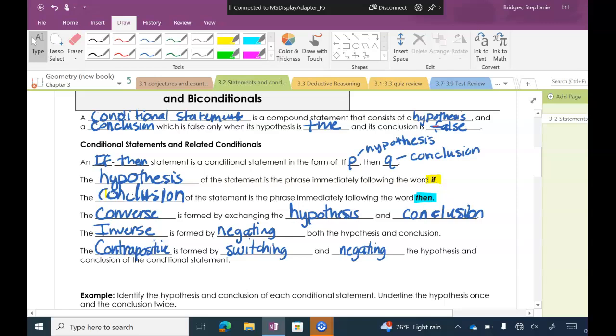The contrapositive is going to the original, switching and negating. So it's going to be if not Q, then not P. Okay. And we'll, again, look at what that looks like in words here in a little bit. But this is just getting us set up.